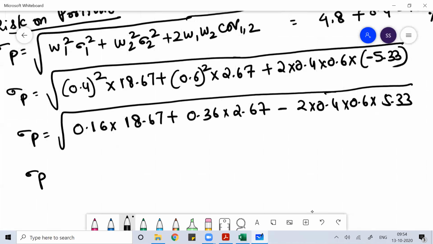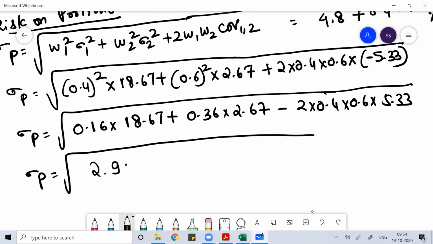So to find the standard deviation of the portfolio, this is 0.16 into 18.67, so you get 2.9872, plus 0.36 into 2.67, which is 0.9612, minus 2 into 0.4 into 0.6 into 5.33, which is 2.5584.